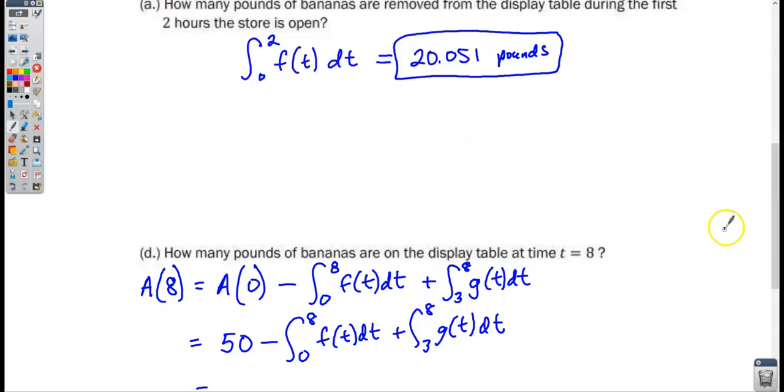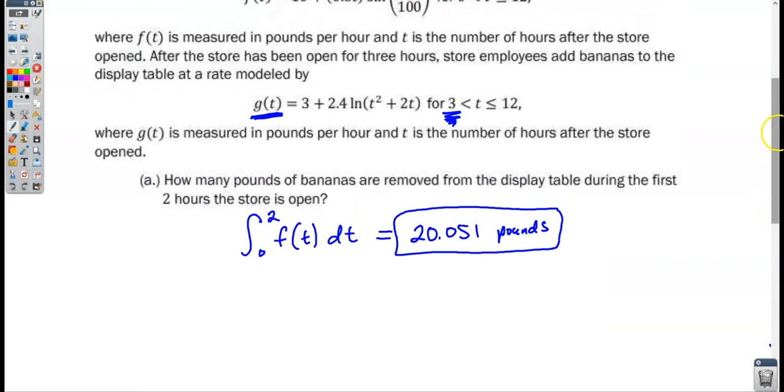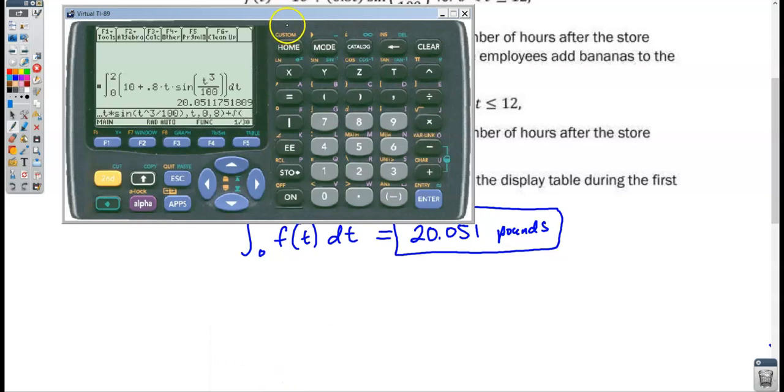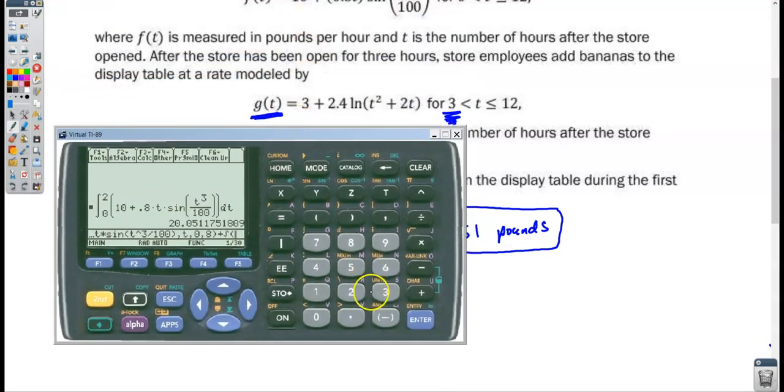Now I need my function for g of t, which is 3 plus 2.4 natural log of the quantity t squared plus 2t with respect to t from 3 to 8, our limits of integration on that one.